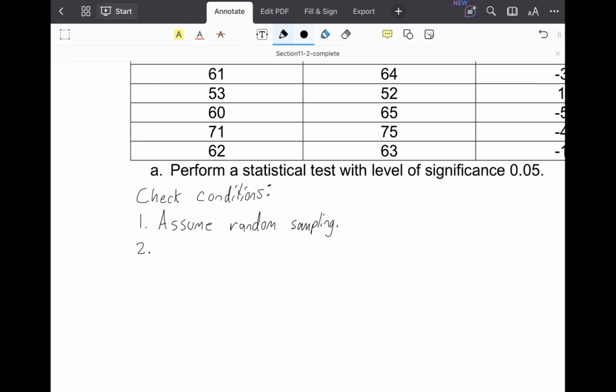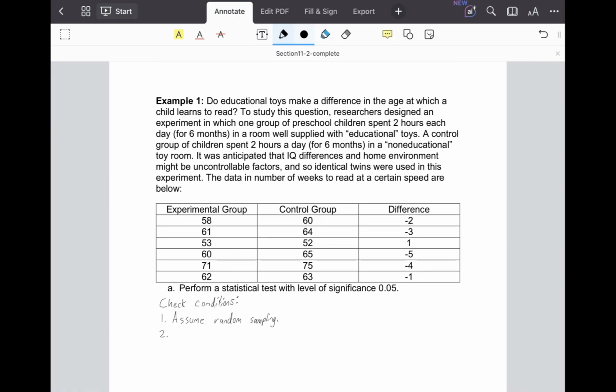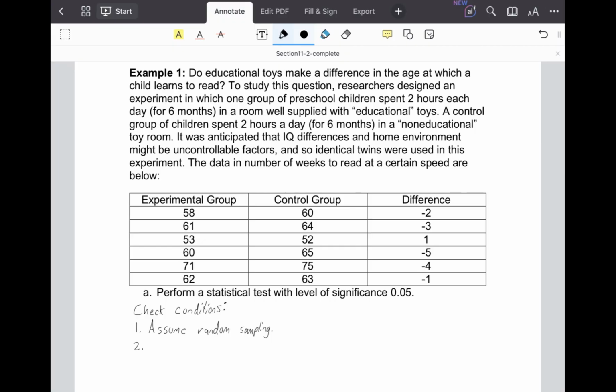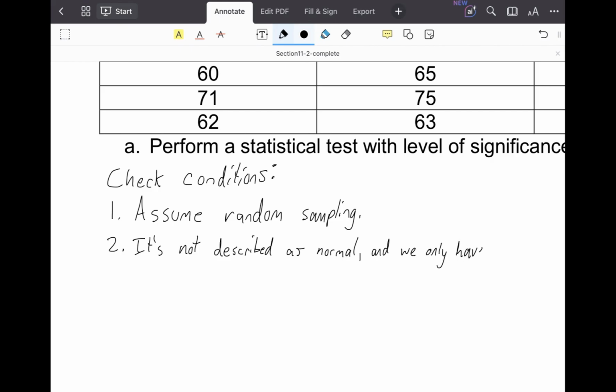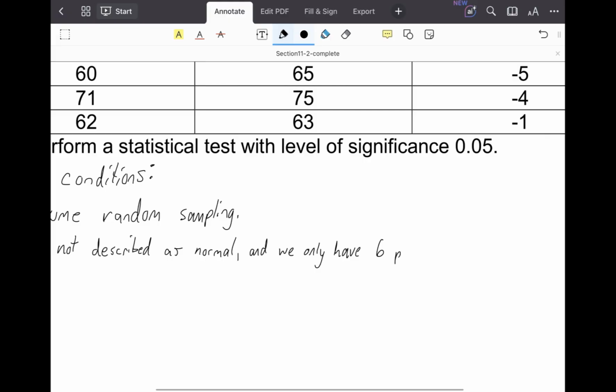Okay, now the second one, it's not described as normal in the wording here, so we do have a bit of a problem here. So let's just write it's not described as normal. I would think it would be right skewed. And we only have 6 pairs. So this condition is not met.